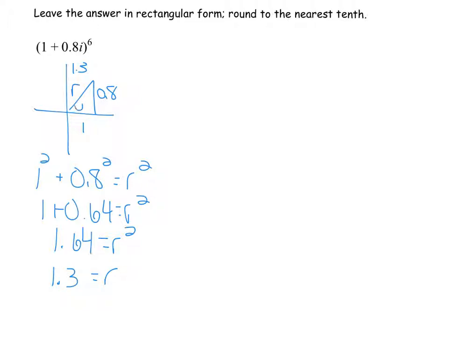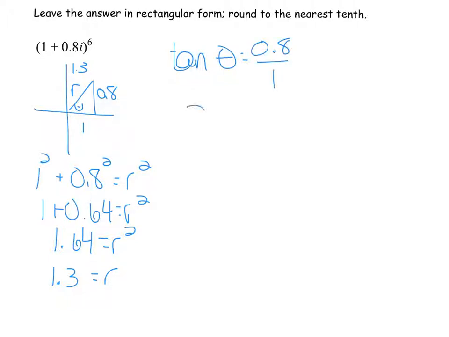The next thing I need is theta. I need that angle. And I want to use the tangent ratio, because the tangent ratio uses 2 that they've already given me. I don't want to use this 1.3 because it's something I rounded. I'm going to use the opposite and the adjacent. So I'm going to say the tangent of theta is 0.8 over 1, which is just 0.8.